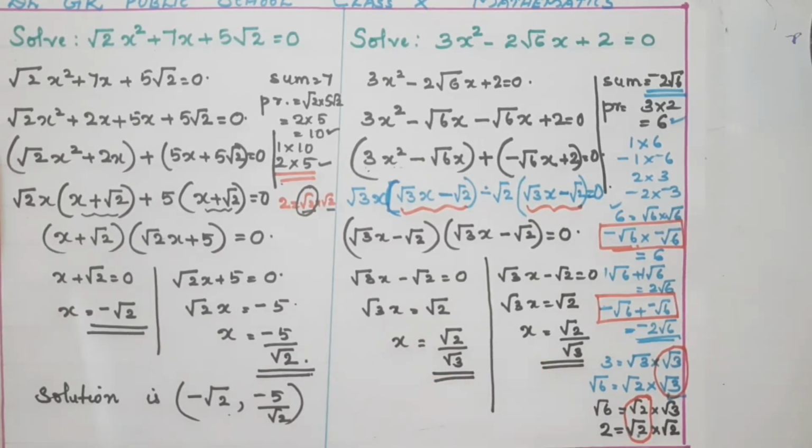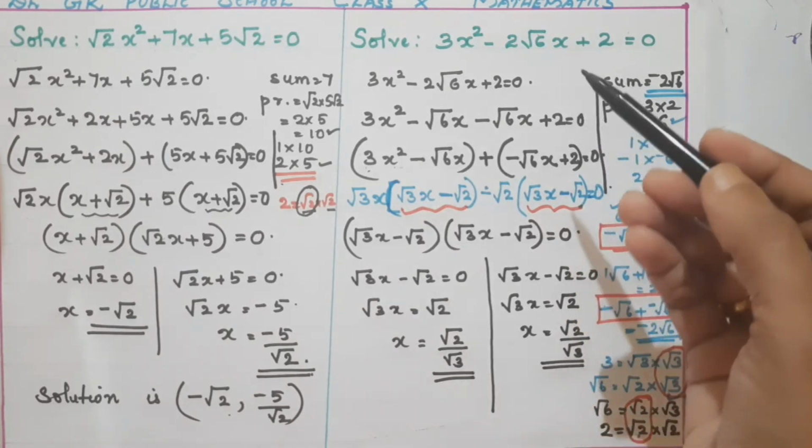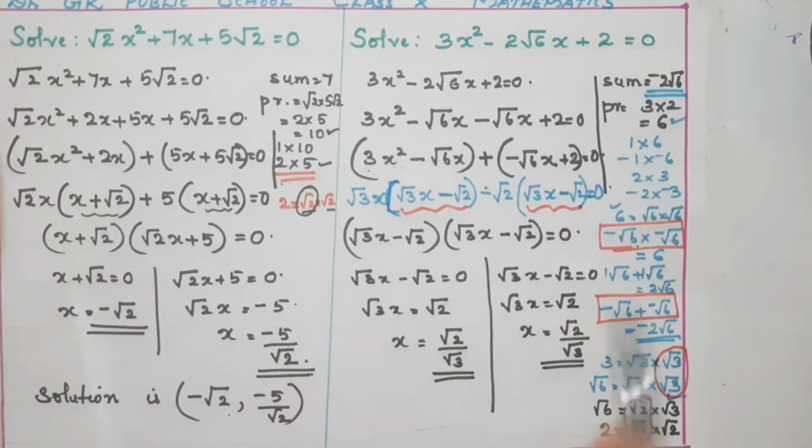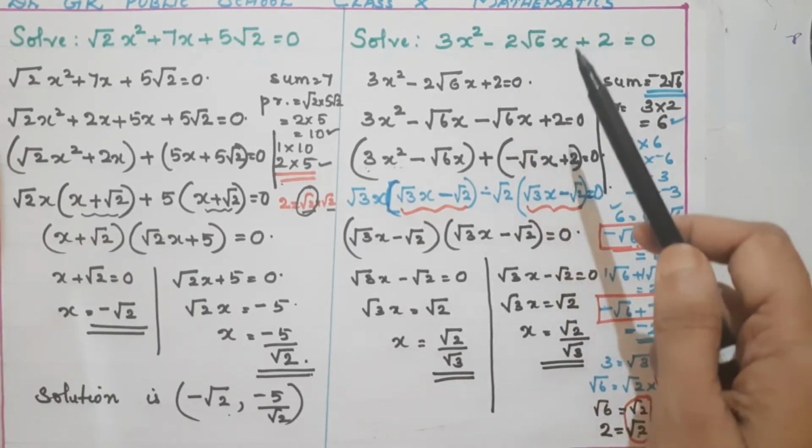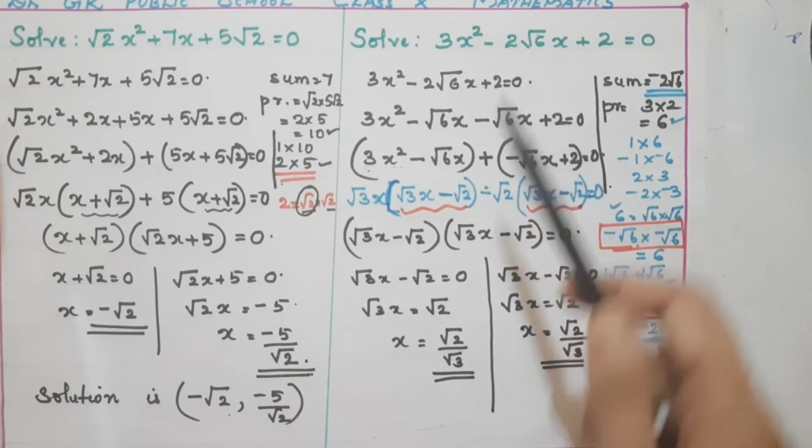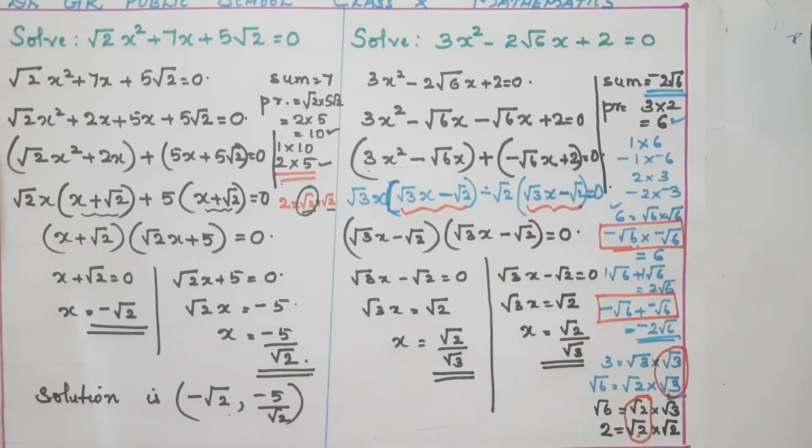Okay children, we can do this in another easy method. Okay, why I explained this method is, if you are not remembering that easy method, you should know how to factorize using splitting middle term method. That's why I explained this one.